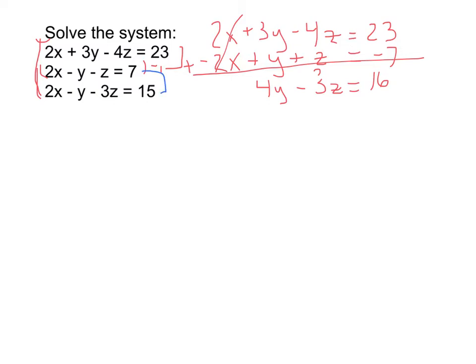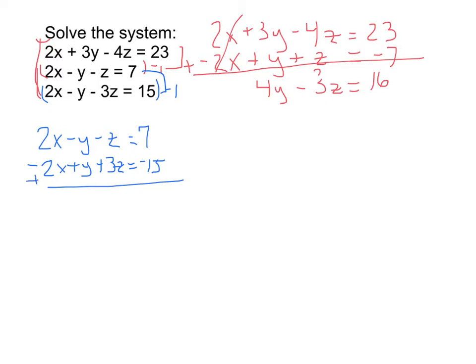Okay? Now I'll do the exact same thing with the bottom two equations. I'll multiply this time the 2x minus y minus 3z equals 15 by -1. And I get, alright, 2x minus y minus z equals 7. That's our middle equation. And then with the change of signs, the bottom becomes -2x plus y plus 3z equals -15.